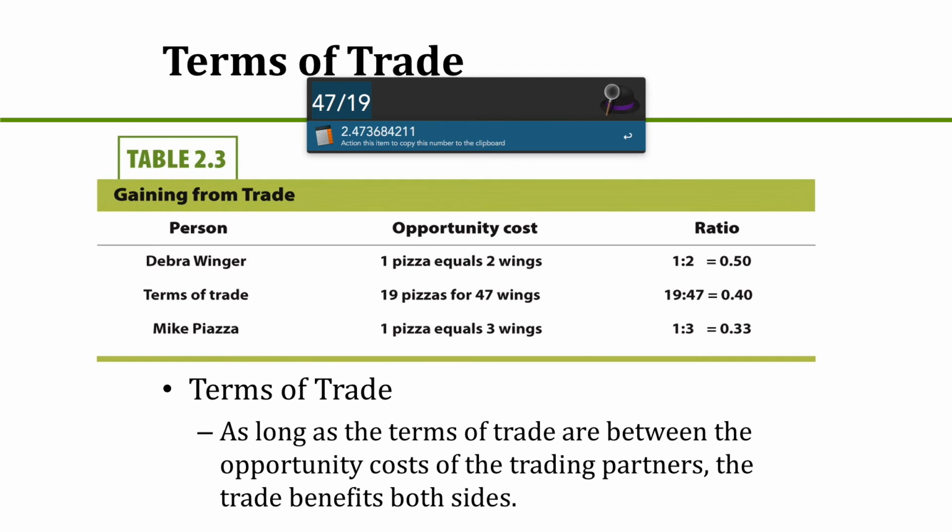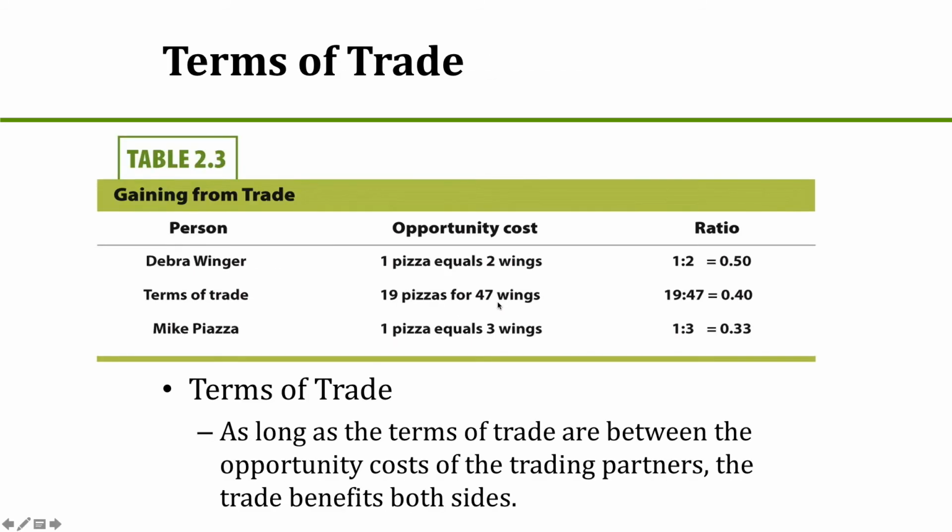So the end result is, how I came up with these numbers is, we just need to calculate the opportunity cost of one good, for example, pizza in this case. And the value for Deborah is 2 wings, and the value for Mike is 3 wings. I have to find a value between 2 and 3.